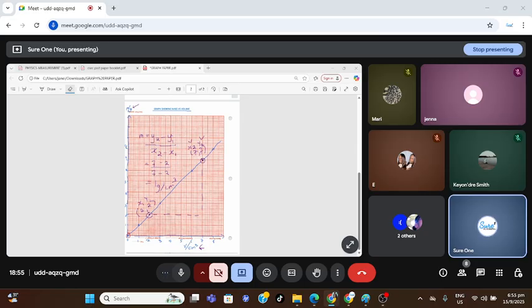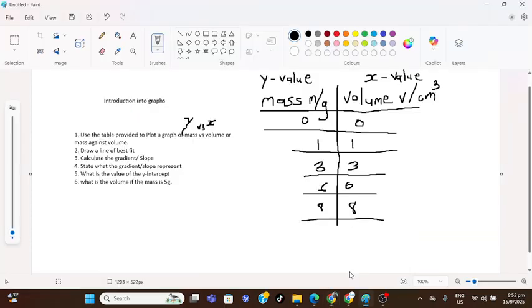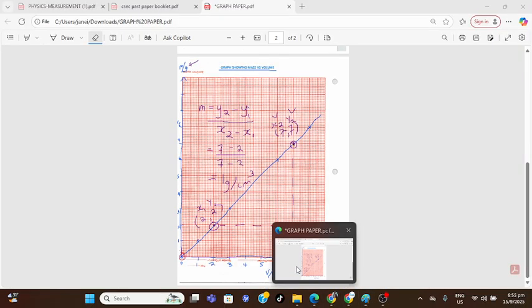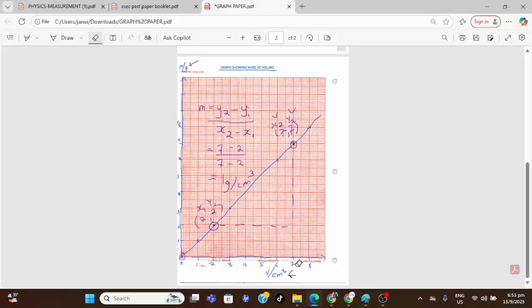Alright, another question. Calculate the gradient of the slope. What does the gradient represent? You may not know this, but the gradient represents density. And how in the world do I know that? I'm looking at the SI unit. Later on, you guys are gonna know this.